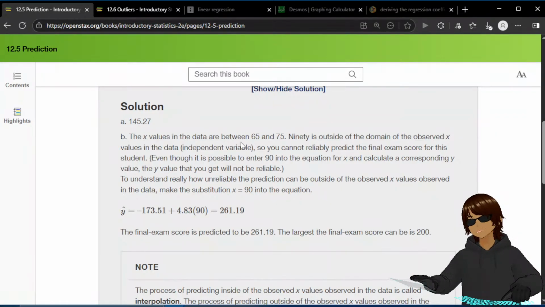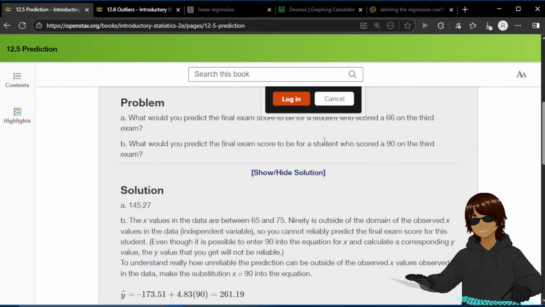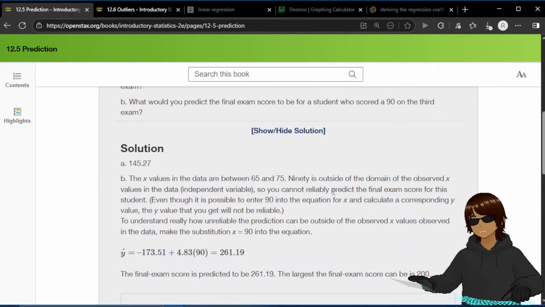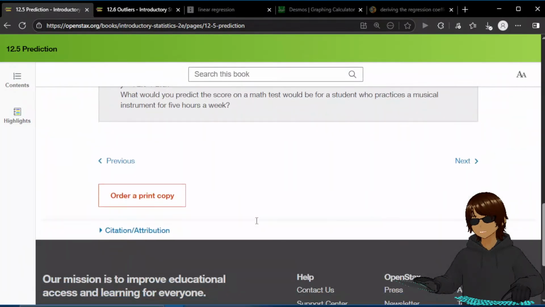The x values in the data are between 65 and 75. 90 is outside of the domain of the observed x values in the data. We cannot reliably predict the final exam score for the student. Understand how unreliable the prediction is. Even though you can make predictions outside the observed x values, if you make the substitution, you get 126.